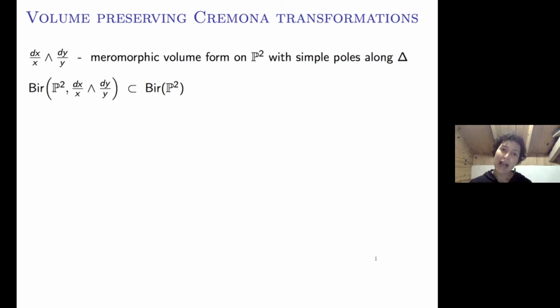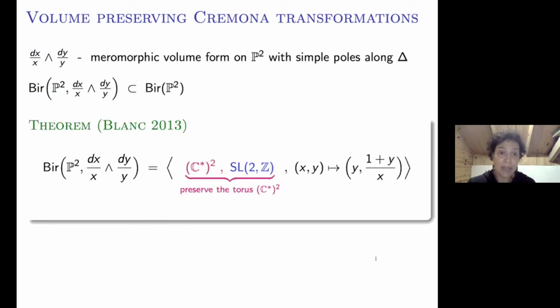Then one can ask, what is the subgroup of the Cremona group of P2 corresponding to Cremona transformations that preserve this meromorphic volume form? This is what I denote as the birational group of P2 with this volume form. This question was answered by Blanc in 2013, who computed this group and gave explicit generators for it.